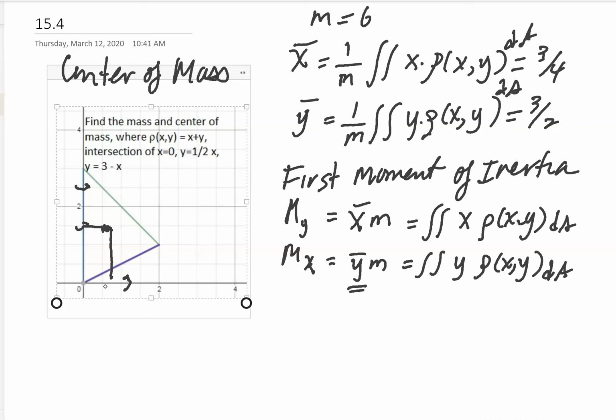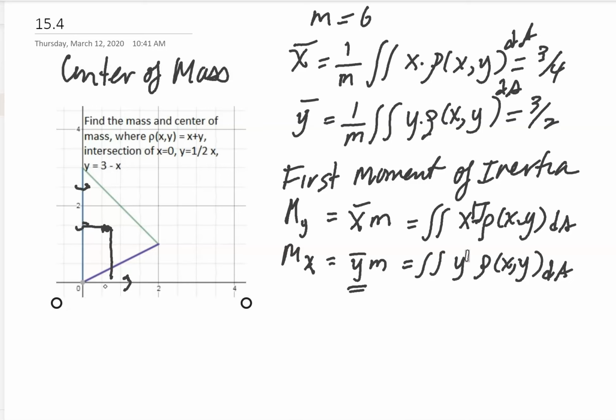Now, when we move on to the second moment of inertia, what we're going to do is change the exponents here. And the exponent for the second moment of inertia is going to be the second power. So the formulas are almost identical to what you originally see, except that they are going to have squares.